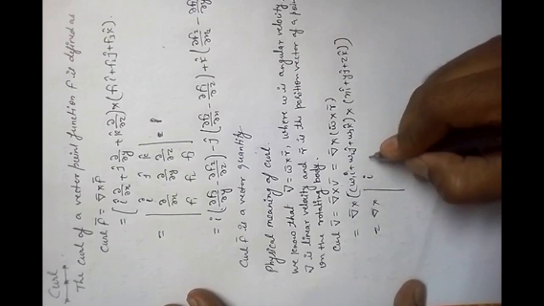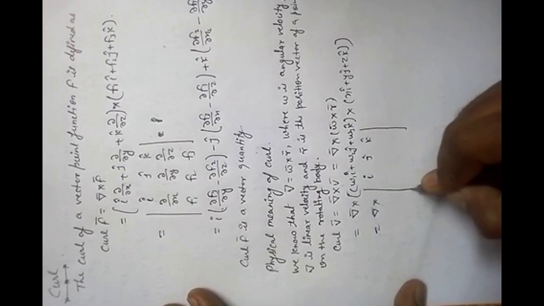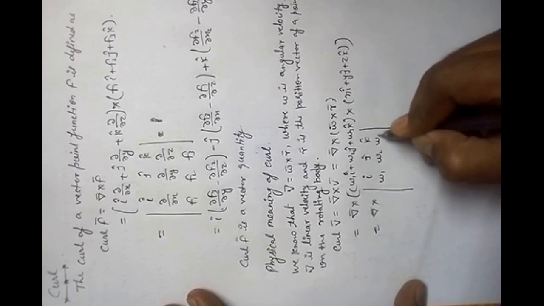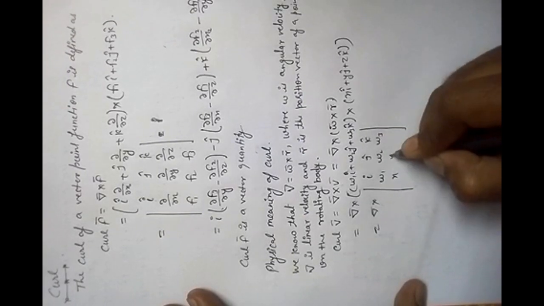So we can write as the determinant of i j k, omega 1 omega 2 omega 3, x y z.